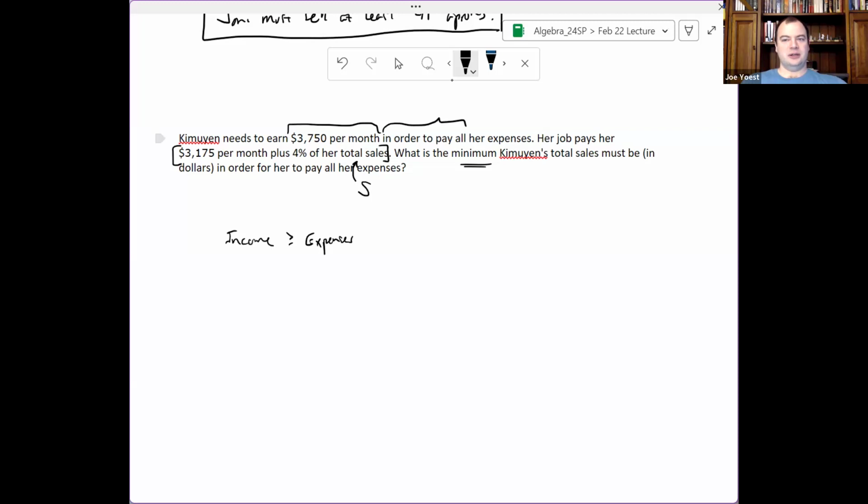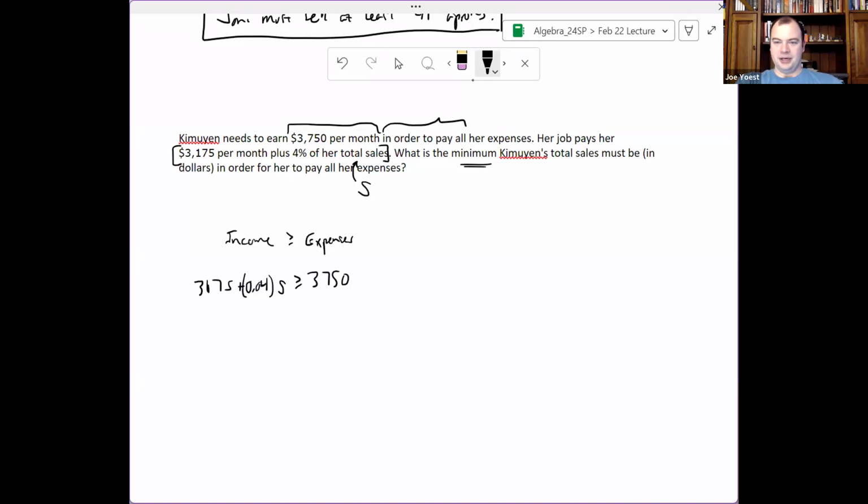Her expenses are $3,750 per month, and her income, she wants to be greater than or equal to that, which is $3,175 plus 4% of her total sales. That's 0.04 times S, bigger than or equal to.